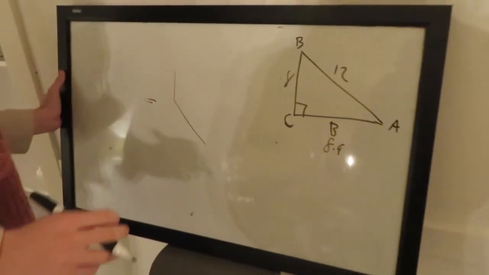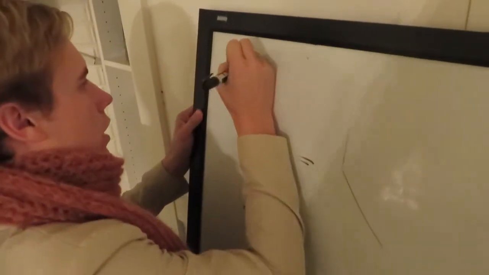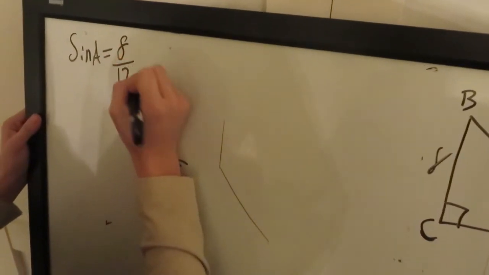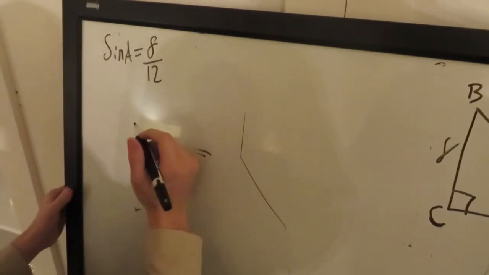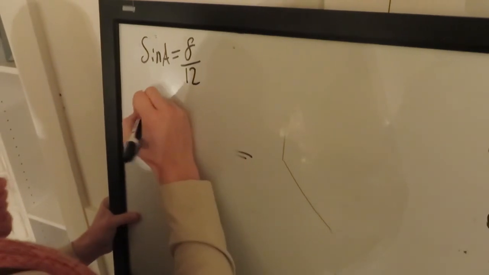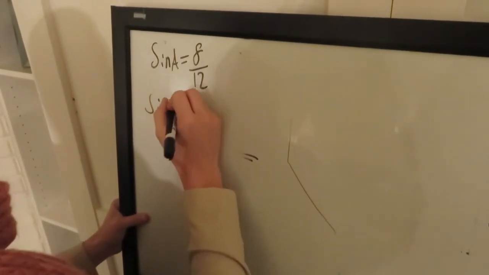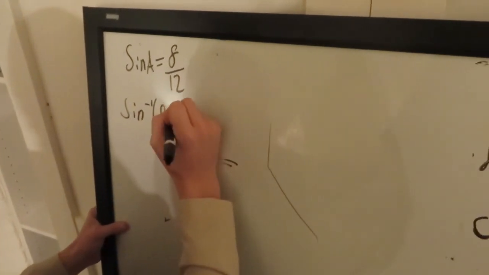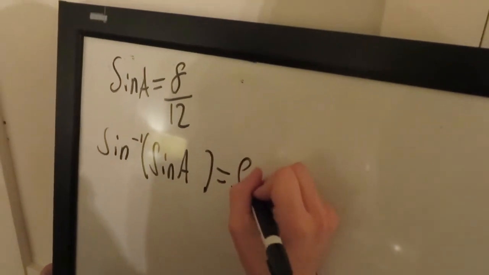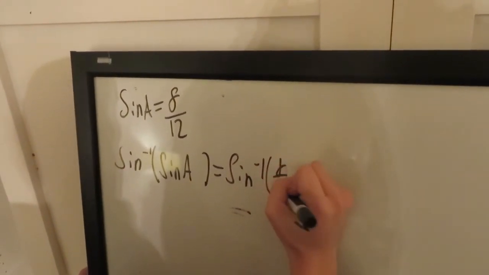Next, we use the sine of A equals 8 over 12. So then you use the inverse of sine, so A equals sine inverse of 8 over 12.